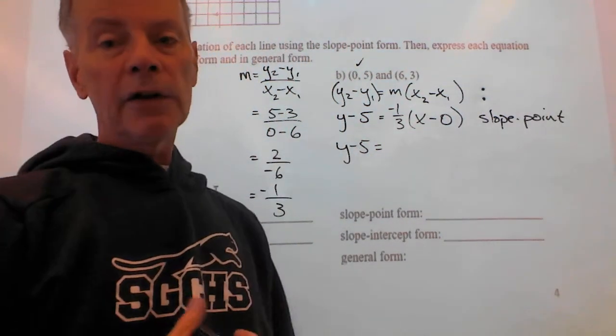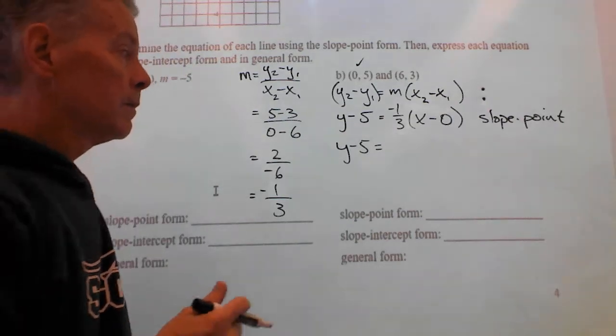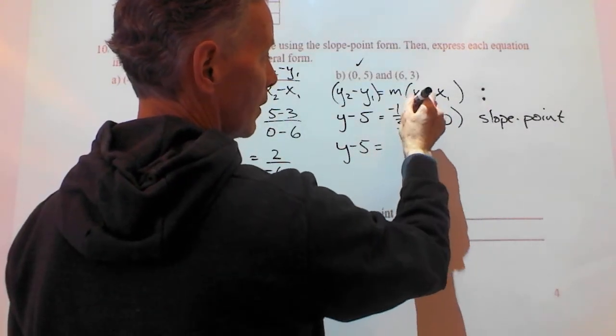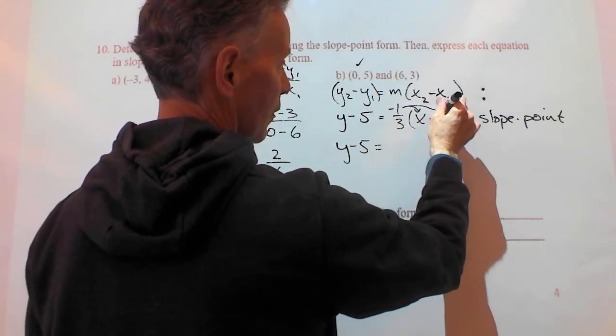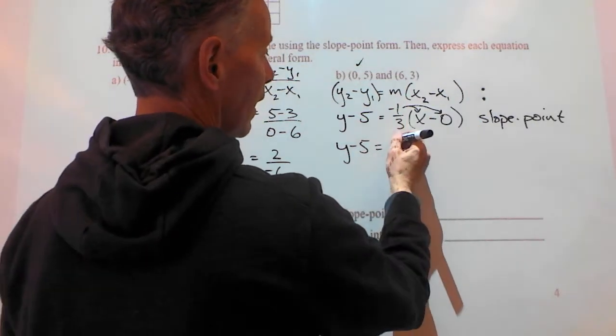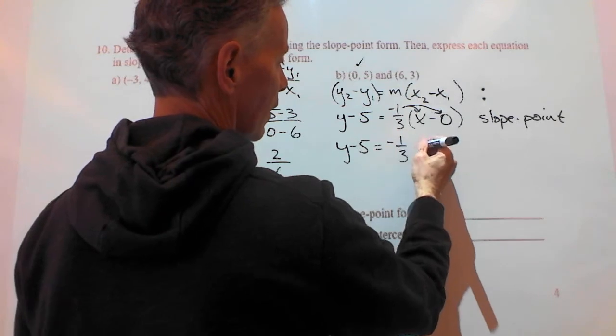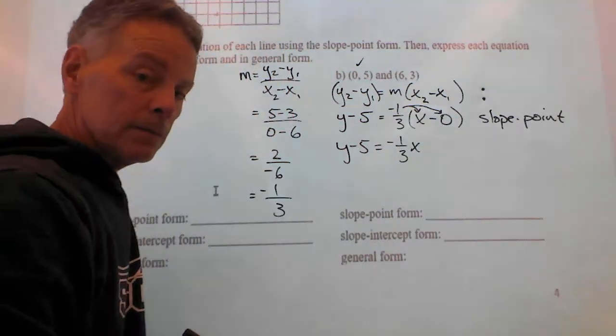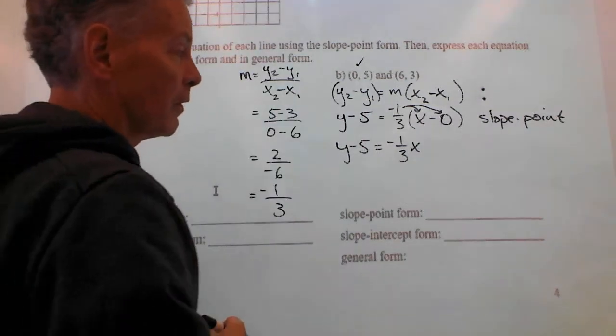Now let's put it into general form. So we're going to simplify the right side. We're going to distribute this negative 1/3 over both of these, and that will give us negative 1/3 x, and negative 1/3 times 0 is just 0. Goodbye, it disappears, okay?